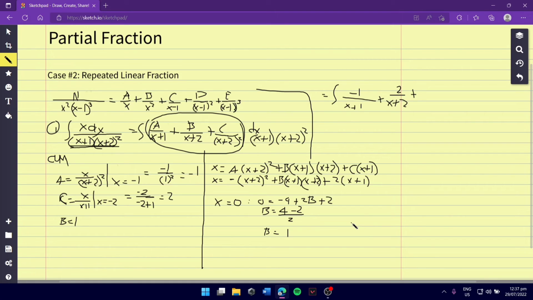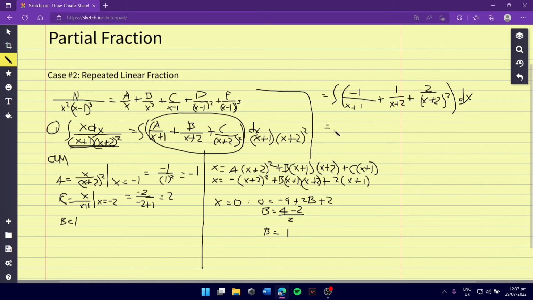Sorry, my bad, this is B. So 2 here is 1, which is our B. So B is 1, I made a mistake. x plus 2, and then your C, which is 2, over x plus 2 quantity squared. Then multiply it by your dx.